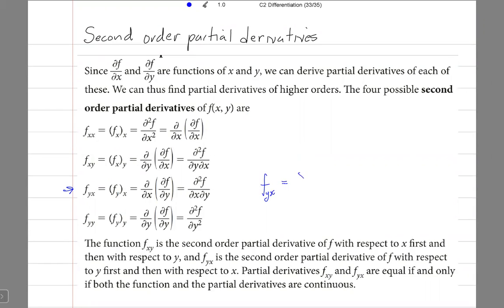If I write it like this, I need to put the x first: ∂x and then ∂y.